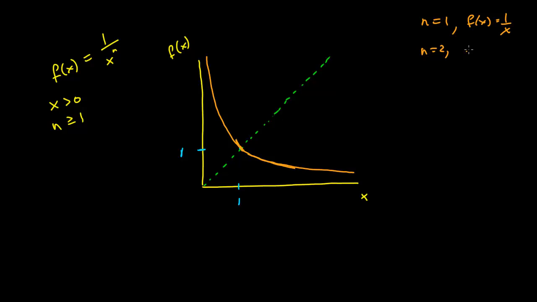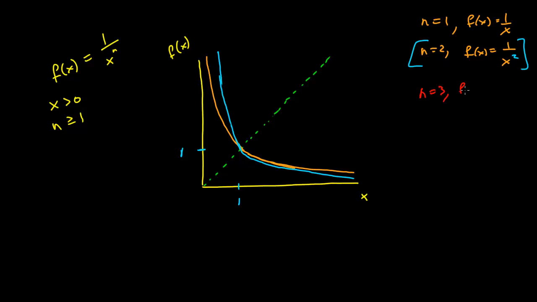What happens for n equal to 2? So that's f of x equals 1 over x squared. We can do this in blue. So what does 1 over x squared look like relative to 1 over x? Well, as x gets large, x squared is much larger, which means f of x goes to 0 faster than 1 over x does. And it goes to infinity faster than 1 over x as x goes to 0. So it might look like this.